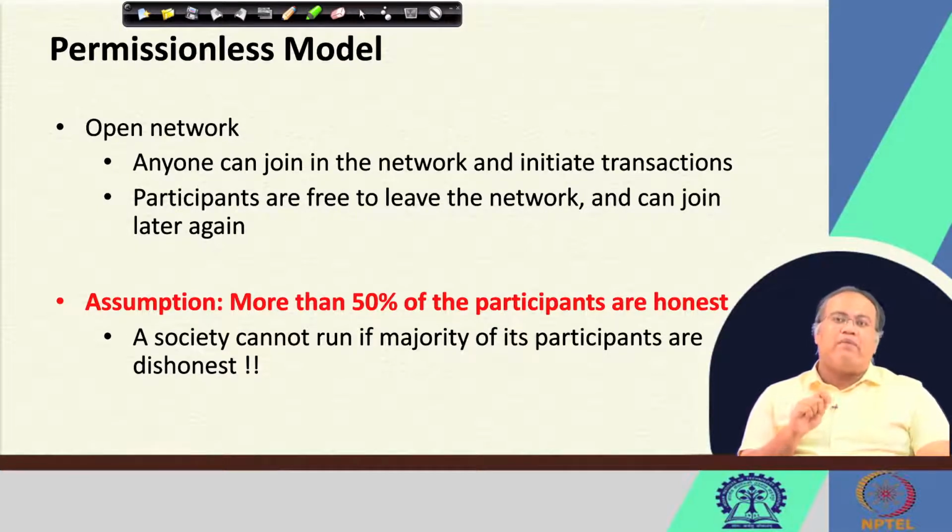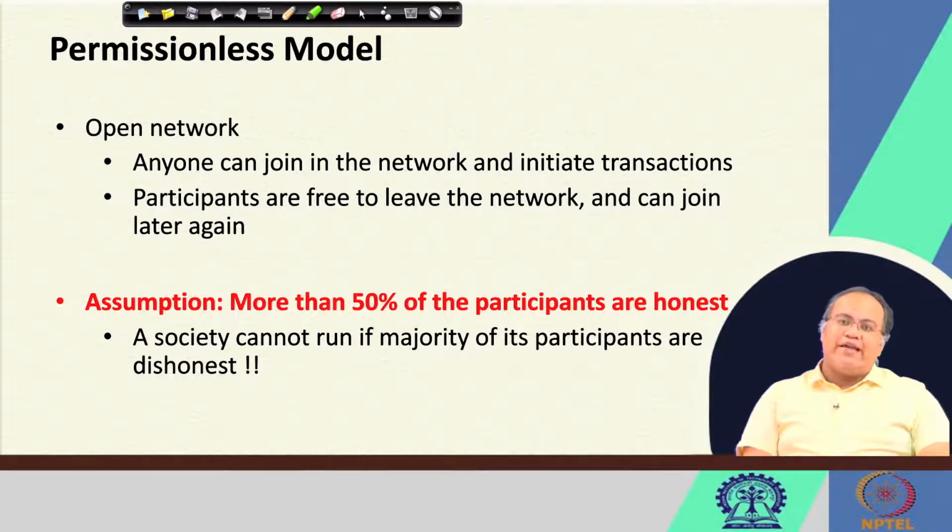If you remember, in my first class I mentioned that this is not true. Blockchain also has its limitations. There cannot be any free lunch. Whenever you design any technology, it has certain limitations, and that is the limitation that blockchain has. Blockchain makes an assumption that more than 50% of your participants are honest.